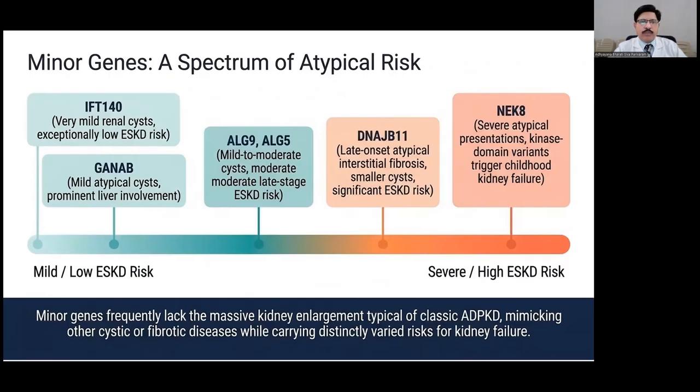minor genes, we have several minor genes. One is IFT140, very mild renal cyst, very low risk of ESKD. GANAB, mild atypical cyst, liver involvement is prominent. ALG9, ALG5, mild to moderate cyst, moderate to late stage CKD will be there.